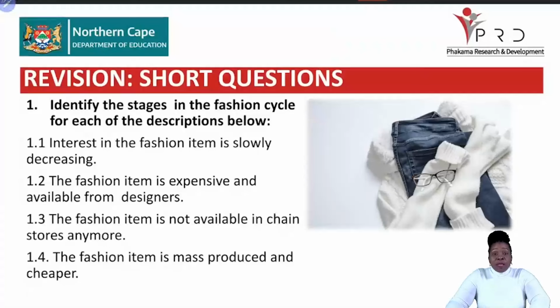Our 1.3 says the fashion item is not available in chain stores anymore. And our 1.4 reads the fashion item is mass produced and it's cheaper. I'll give you about 2 minutes to go through these descriptions.